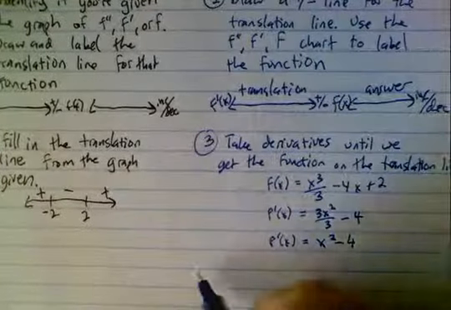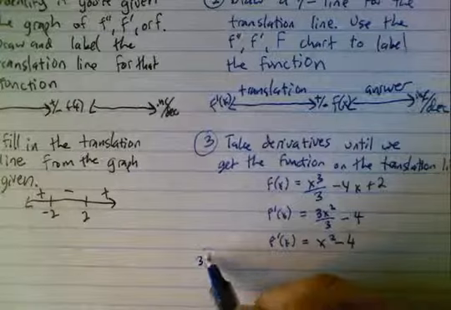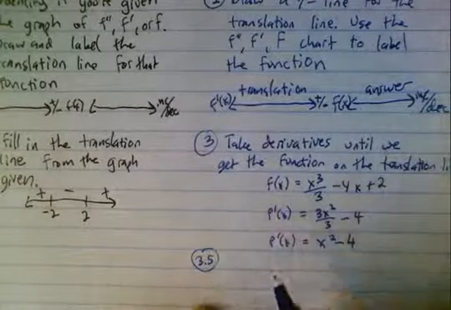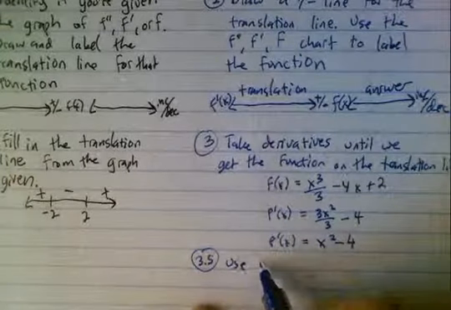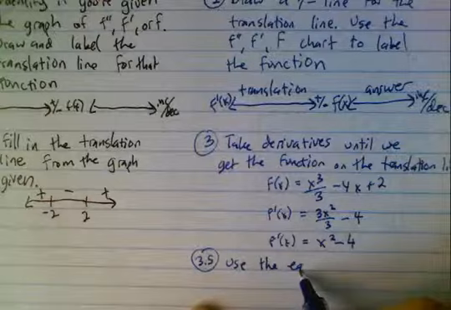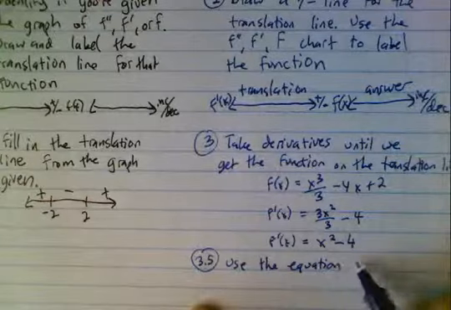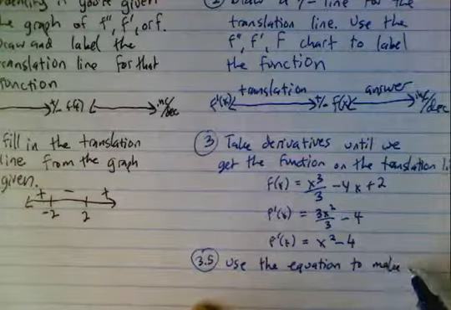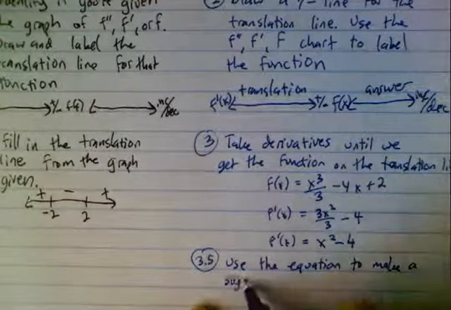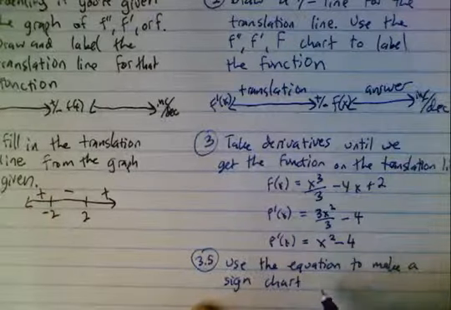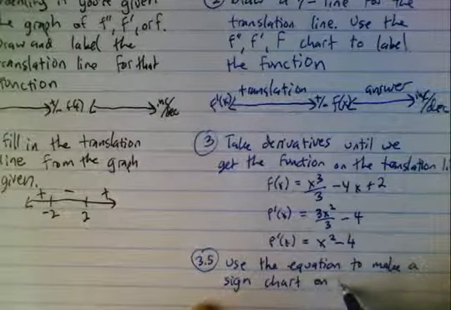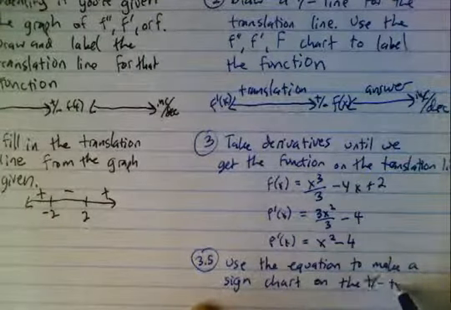And now there's a 3.5 step here. Use the equation to make a sign chart on the plus minus translation line.